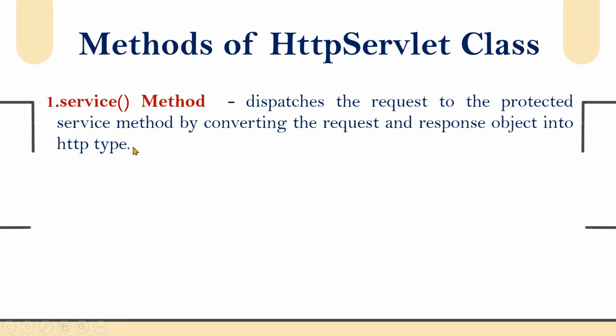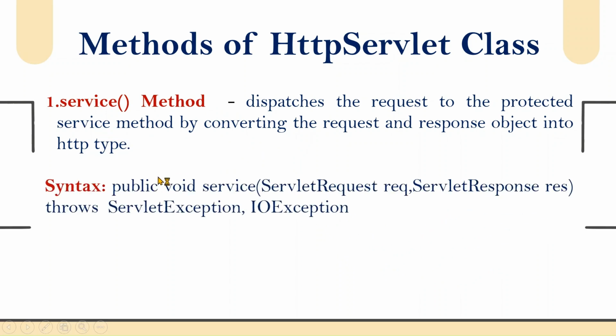Whenever the public service method is invoked, it is going to dispatch the request to the other service method, which is protected. The request is given to the protected service method by converting the request and response objects from the generic type into the HTTP type.